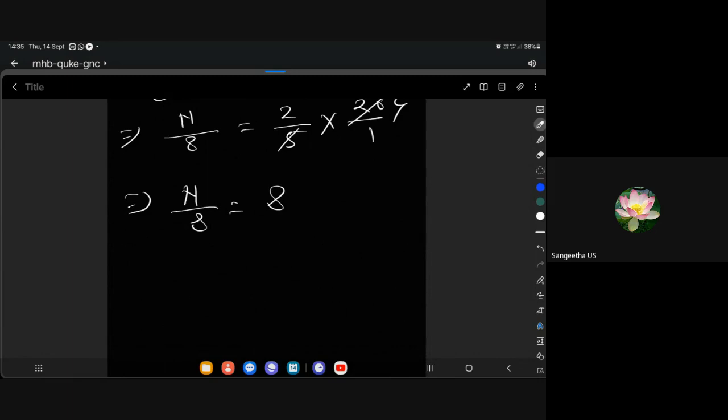Both sides there are some fractions or some numbers. Under every number there is 1 as the denominator. So in case of an equation, you multiply the numerator of the right hand side with the denominator of the left hand side, just diagonal, and the denominator of the right hand side with the numerator of the left hand side. So it will be n into 1 equal to 8 into 8, n is equal to 64.